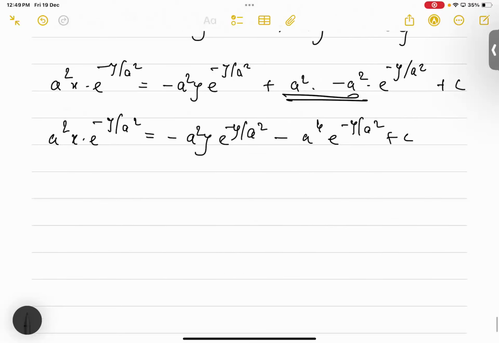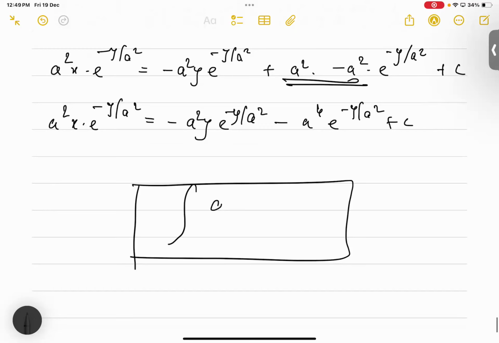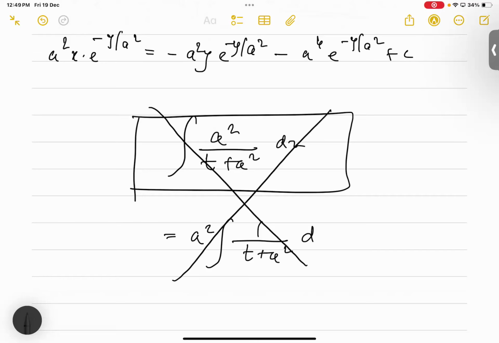So in the method of substitution, you can put x plus y is equal to t. Just write down a hint: it will be a square plus t upon a square, or t minus a square. So you have to take a square outside. Wait. I'll just do that during the revision because otherwise there will be a little confusion.